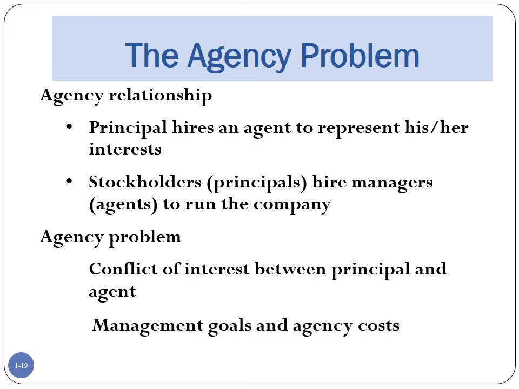There are lots of different ways to deal with this. Most often it's visible in different management goals and agency costs, which are the result of conflicting goals between the principal and the agent, or between the owners, or stockholders, and the manager.